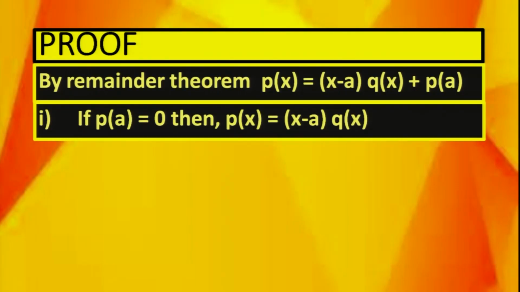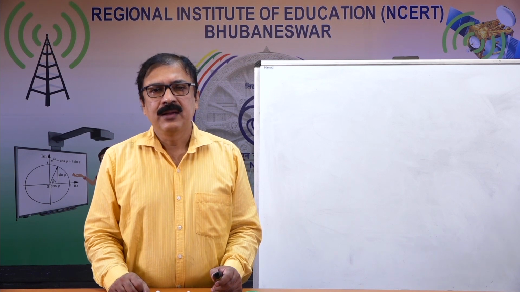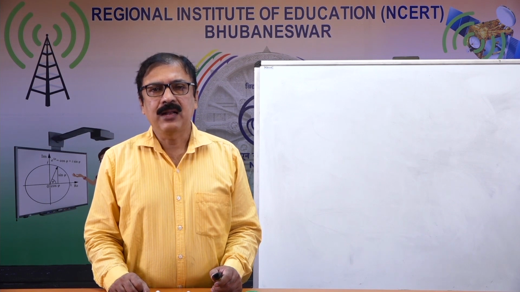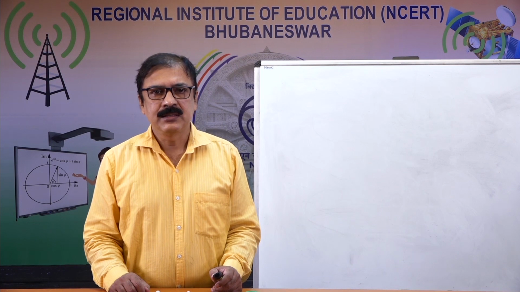If P(a) is equal to 0, then what happens to this expression? This expression becomes P(x) equal to x minus a into q(x). Now, in this case, what do we see? We can see that x minus a is a factor of P(x). That means by taking P(a) equal to 0, we could prove that x minus a is a factor of P(x).